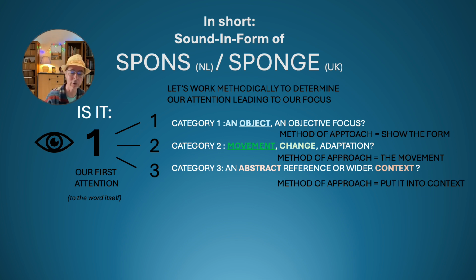I will use this method itself to make it more practical, to define what kind of focus is defined in the letter combinations of sponge. And also there we have these three focuses, 1, 2, 3, which always come back.